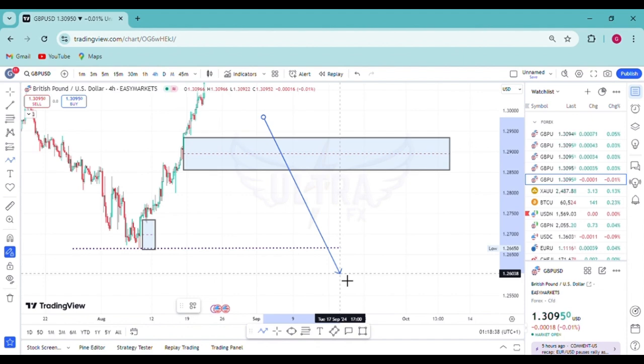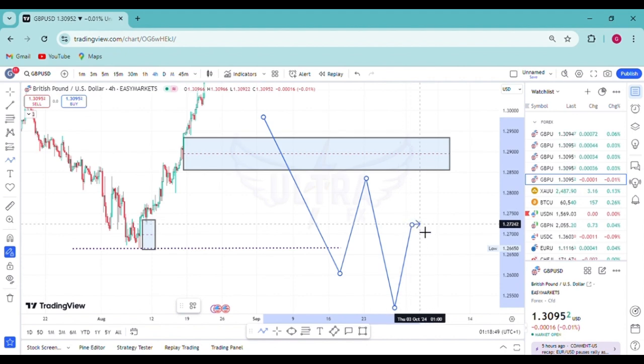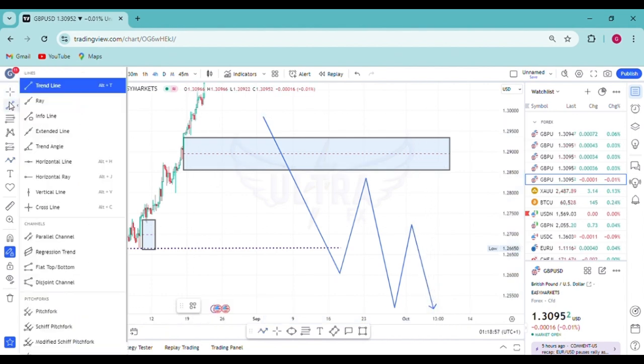As the market breaks it, it creates a lower high and a lower low, then just know that it does not create a high that is higher than this one here.